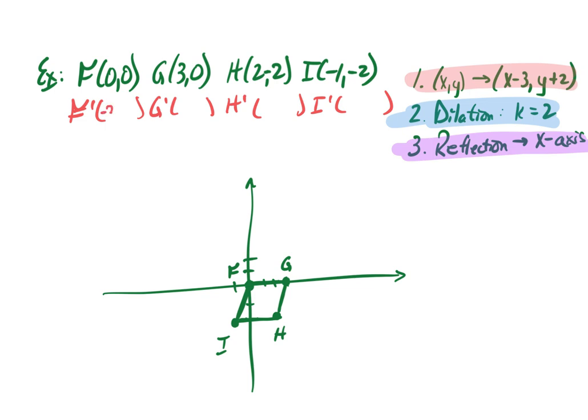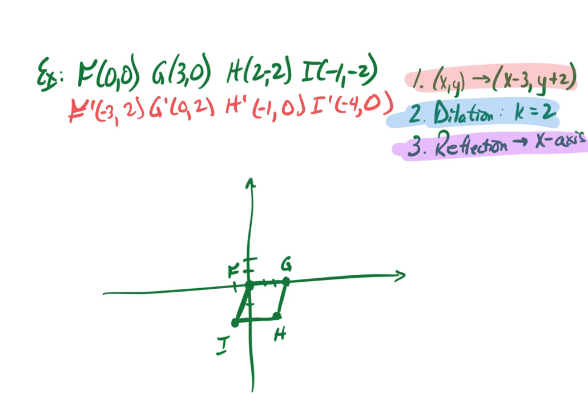So 0 minus 3, 3 minus 3, 2 minus 3, and negative 1 minus 3. And to all of the y values, add 2. So for the y values, 0 plus 2, 0 plus 2, negative 2 plus 2, negative 2 plus 2.